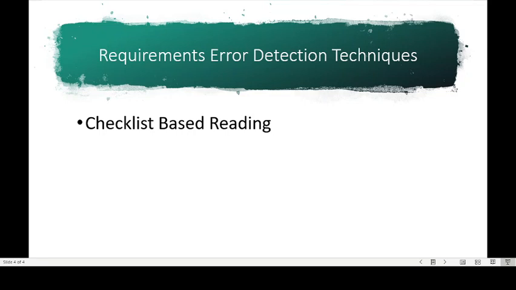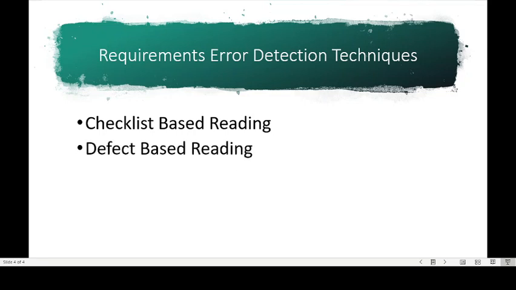The reviewer will go through the requirements document and mark the checklist questions as yes or no as per the understanding of the content of the requirements document. This technique is good in the sense that the reviewer knows what things to check for according to the checklist. However, it does not provide much clarity about how to do the inspection. Hence, the experience of the reviewer becomes important here.